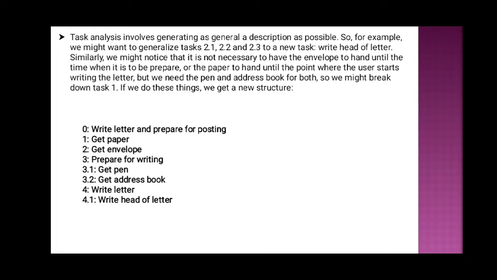Similarly, we might notice that it is not necessary to have the envelope to hand until the time when it's to be prepared, or the paper to hand until the point where the user starts writing the letter. But we need the pen and address book for both, so we might break down task 1. If we do these things, we get a new structure.